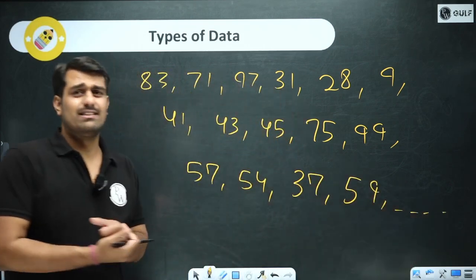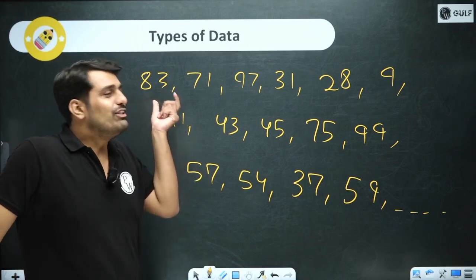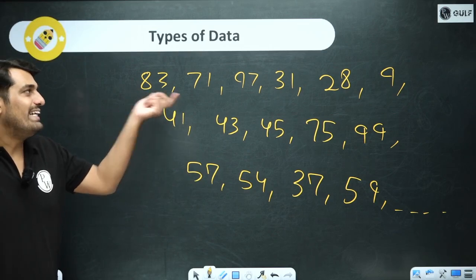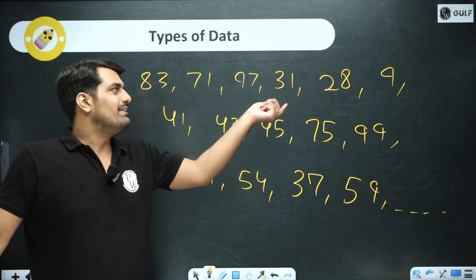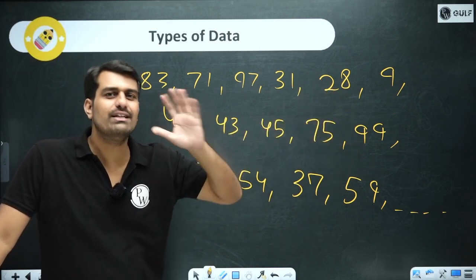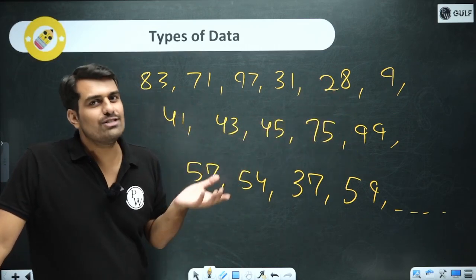Individually, a student has scored 83, another 71, 97, 31, 28, and very poor as well, 9. Some person who is not even interested in attending the classroom has scored very poorly.